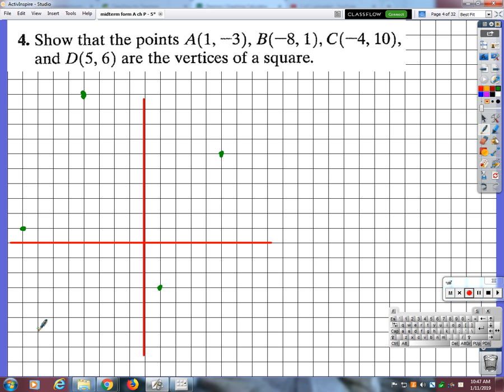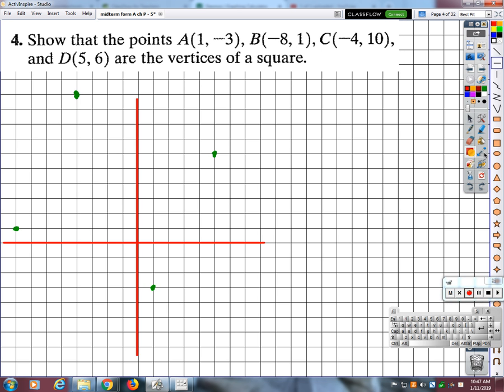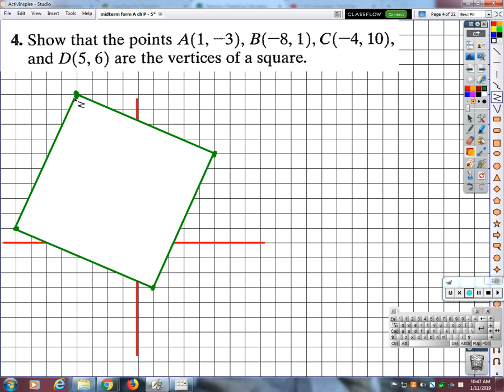Okay, how do you show that that's a square? Draw some lines. Are you basically telling me to connect the dots, Evan? All right.